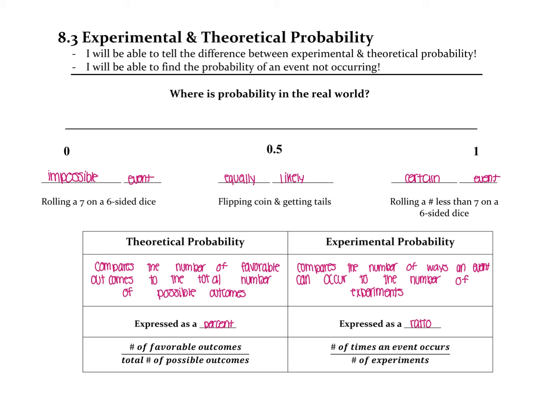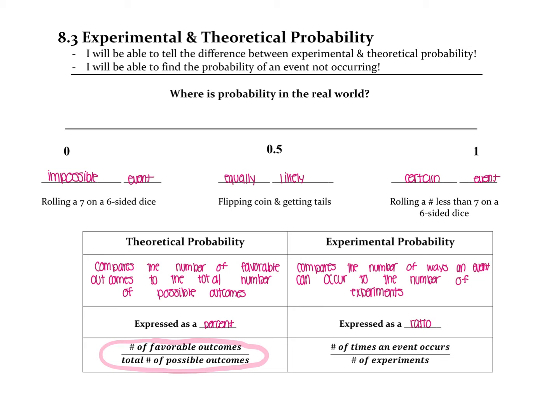When we talk about theoretical and experimental probability, theoretical probability compares the number of favorable outcomes to the total number of possible outcomes. Typically we express it as a percent, and we calculate it by taking the number of favorable outcomes divided by the total number of possible outcomes.